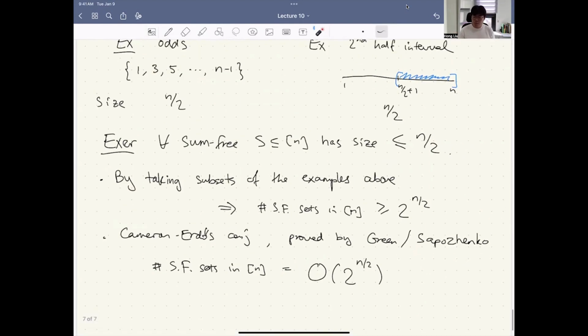Most of these sum-free sets generated are not maximal sum-free. So is it true that the number of maximal sum-free sets is significantly fewer? There are much fewer of them. In particular, Cameron and Erdős asked whether they are exponentially fewer.